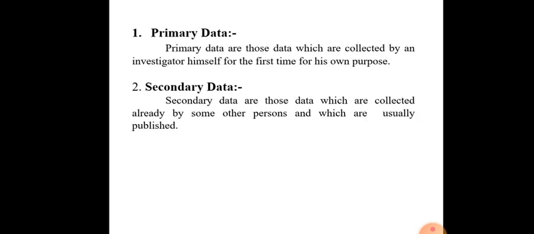Now, what is primary data? Primary data are those data which are collected by an investigator himself for the first time for his own purpose. So the investigator who collects it for the first time, only for his own purpose, is collecting primary data.